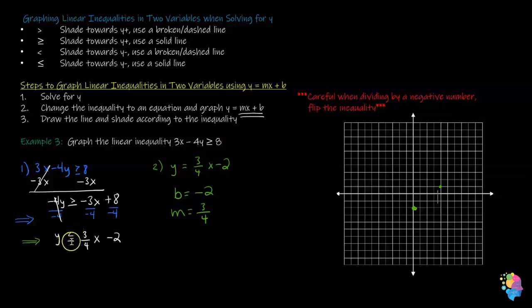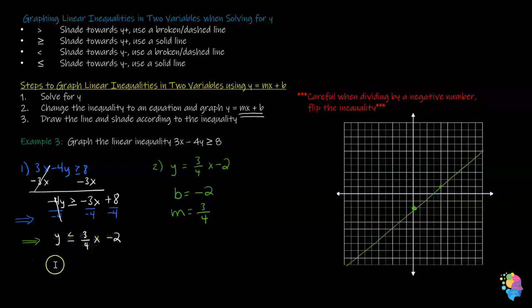We are going to use this inequality right here, the one when we solve for y, because it is this inequality that we change to an equation to help us graph. So this is the inequality that we're going to look at. Because it is equal to, I'm going to use a solid line because y can equal the line.